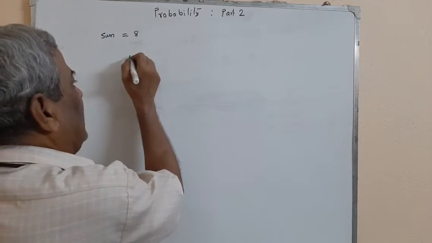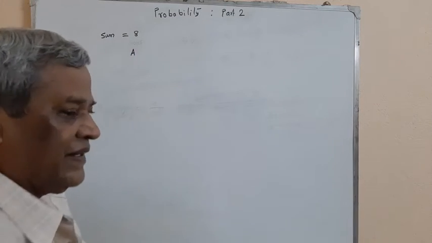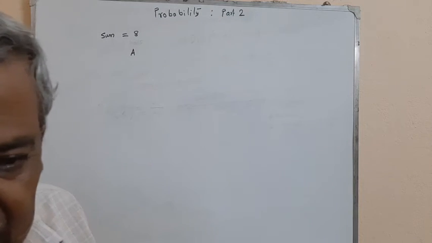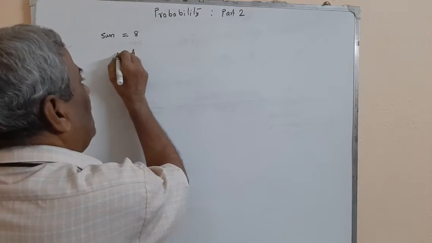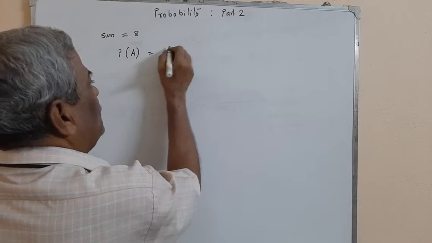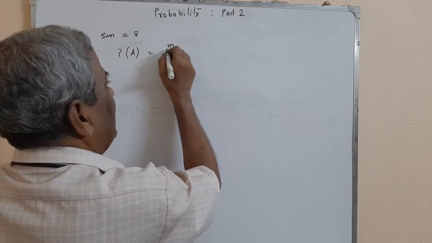Now, suppose A is that event, that sum of the faces in two dice is 8. So probability of that is equal to m by n.